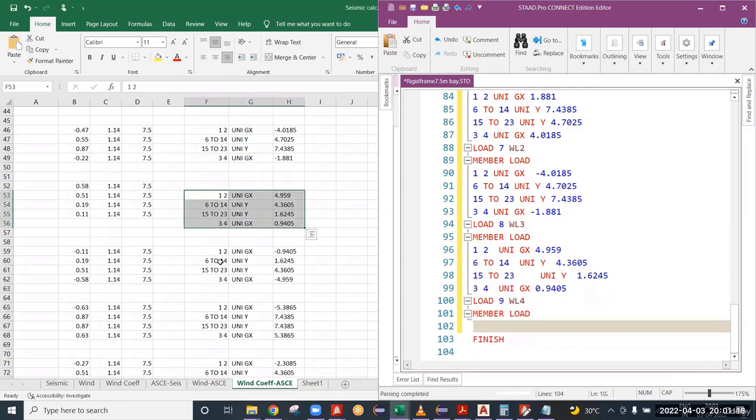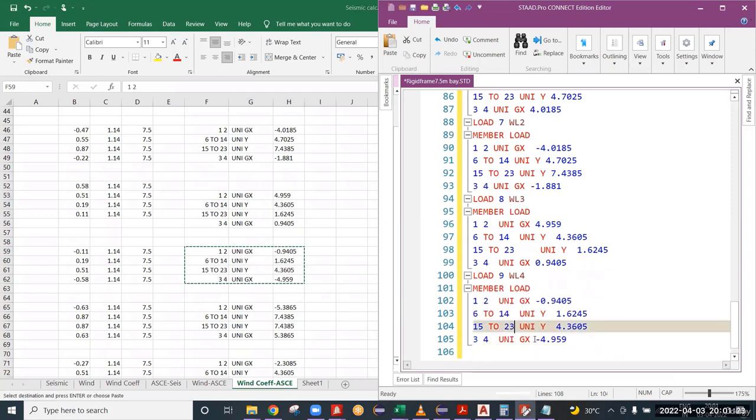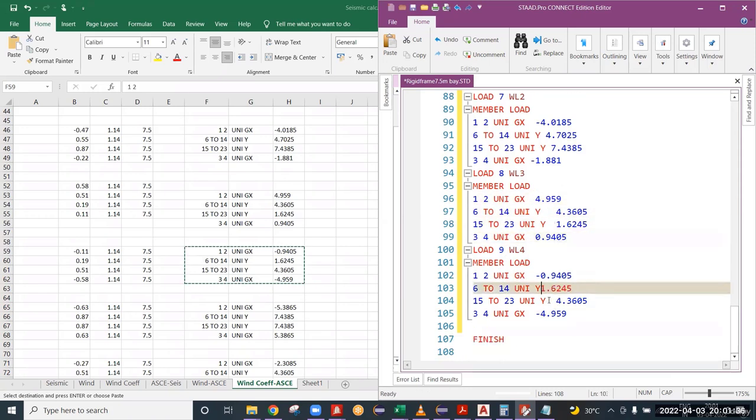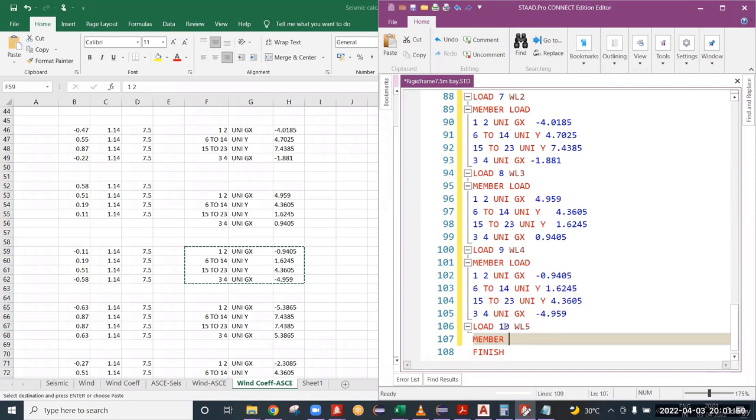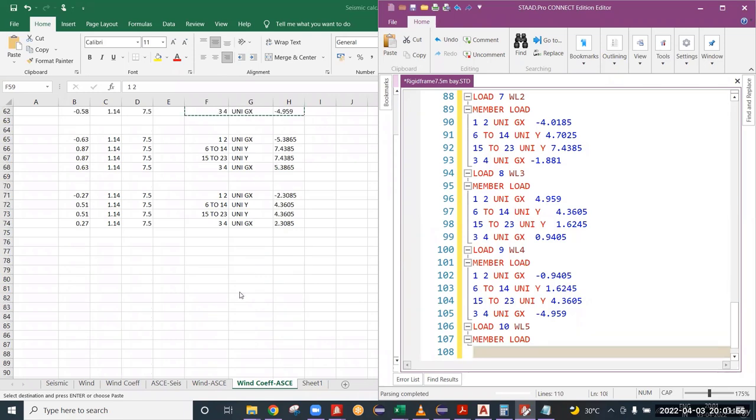Okay, we have seen this and I have to take this one. And load 10, member load 5.